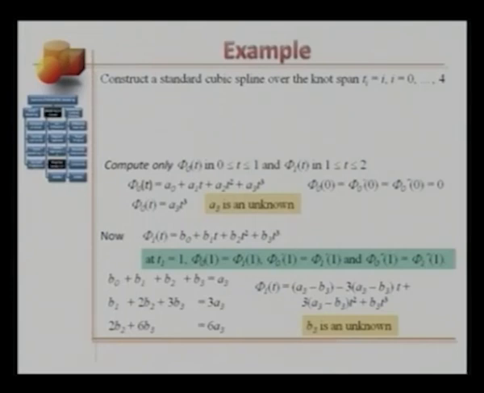Can you think about those two conditions? Let me give you two clues. One, symmetry of the composite spline at t equals 2, and two, standardization of the spline.